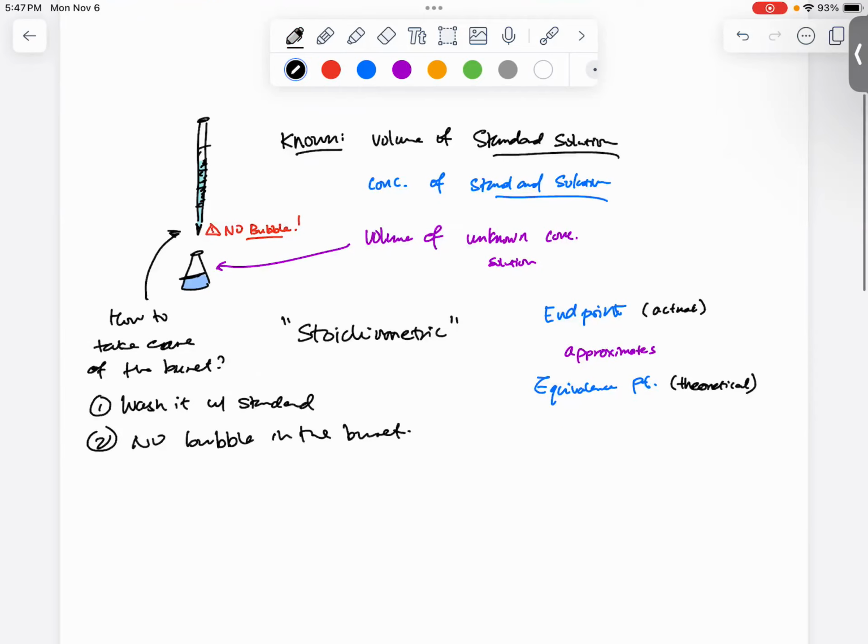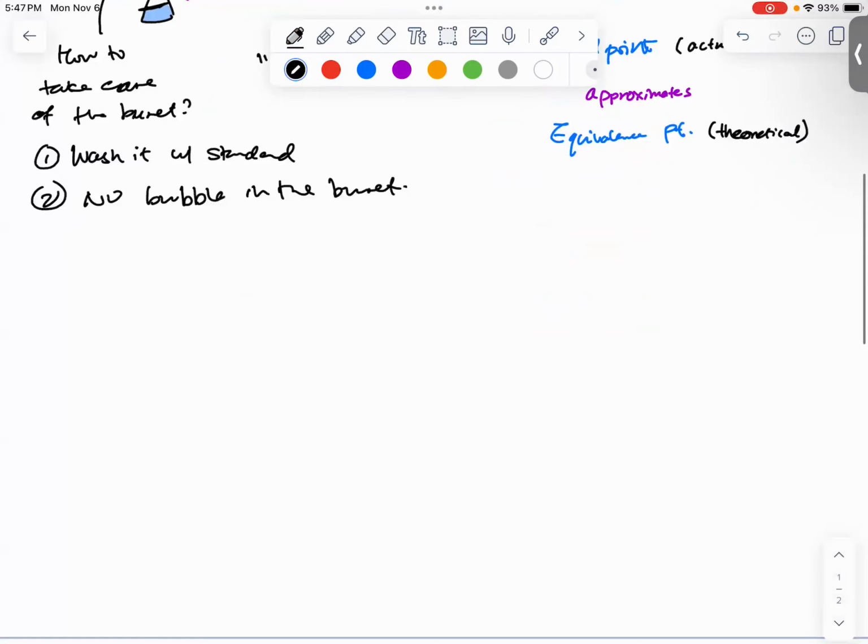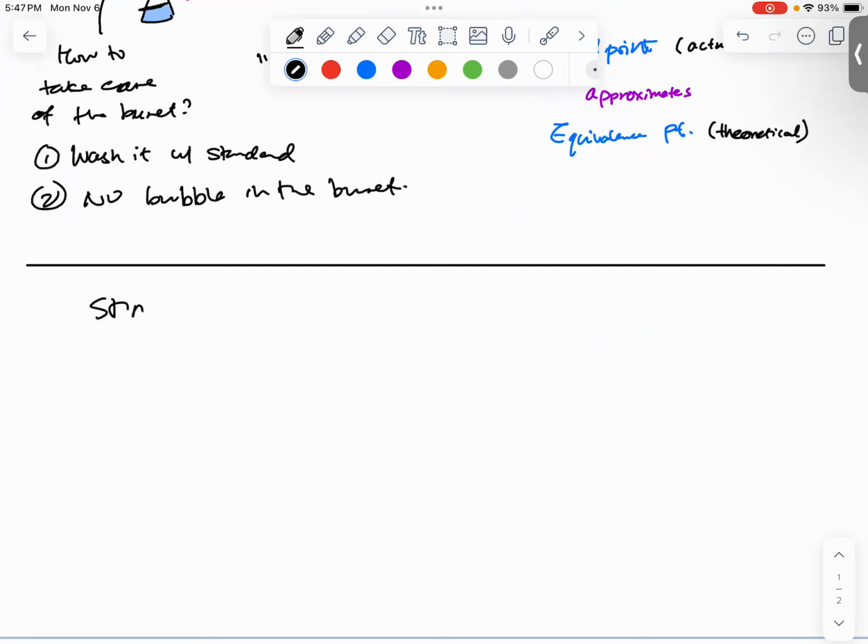Cool. All right, now. So now for us, whatever we're doing right now, we are only doing strong acid and strong base titration. Okay.